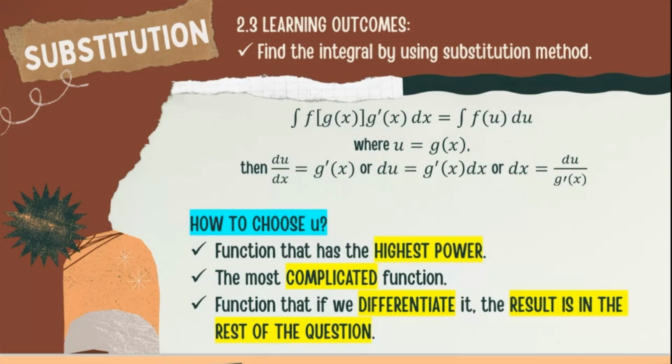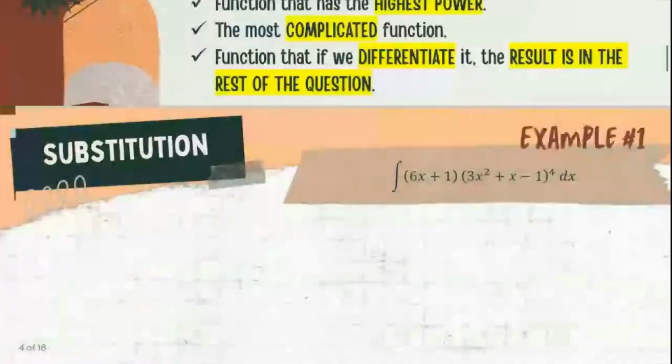Yang ni nanti kita akan tengok macam mana, apa yang maksud the rest of the function ni. Okay, so ini adalah tips yang paling utama lah. Saya pilih u yang mana bila hasil derivatif dia akan ada dalam function. So nanti kita boleh cancel each other, dia akan tinggal u sahaja. Okay, so ini adalah tips ni.